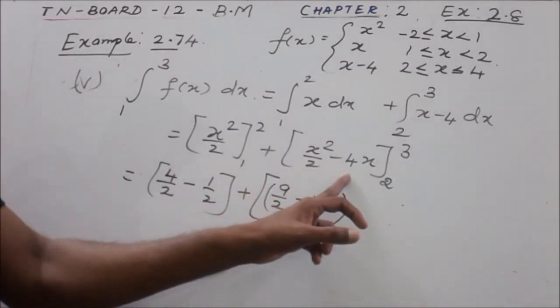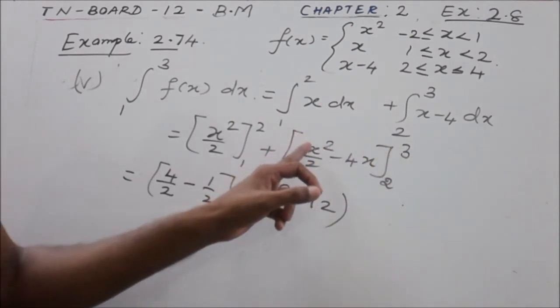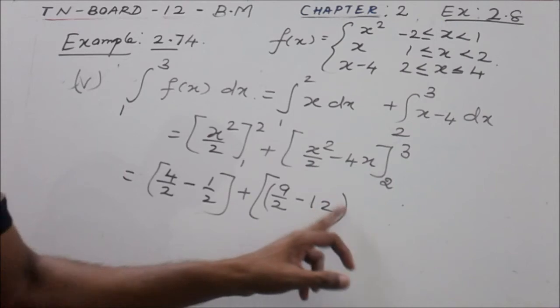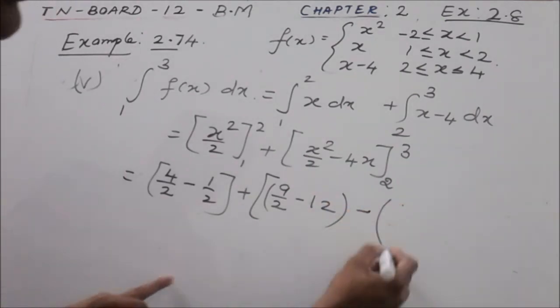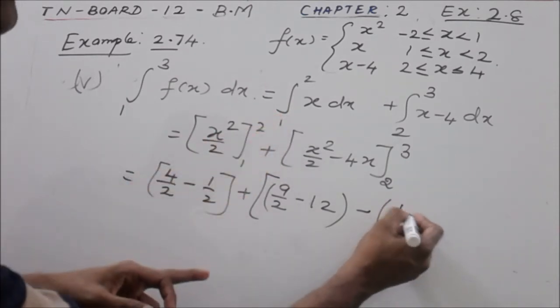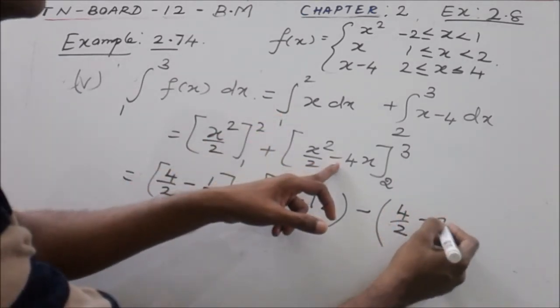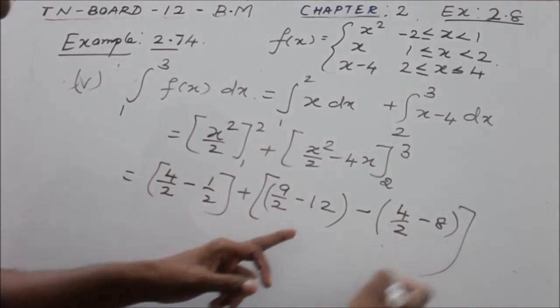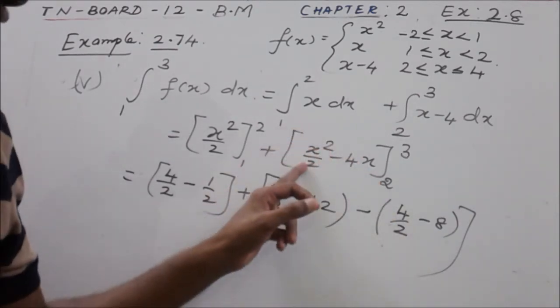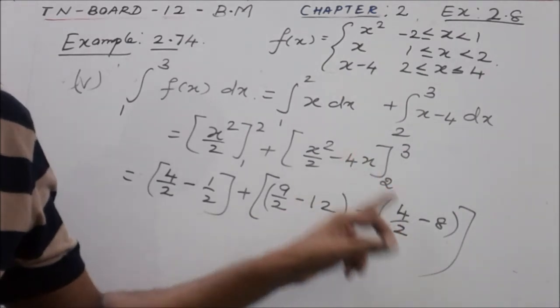Again in this integral value, substituting 3 square 9 minus 12, 9 by 2 minus 12, minus the lower limit 2 substituted here, substituting 2 square 4 by 2 minus 8. By the substitution of lower limit here, substituting 2 square 4 by 2 here, and then 4 into 2 8.